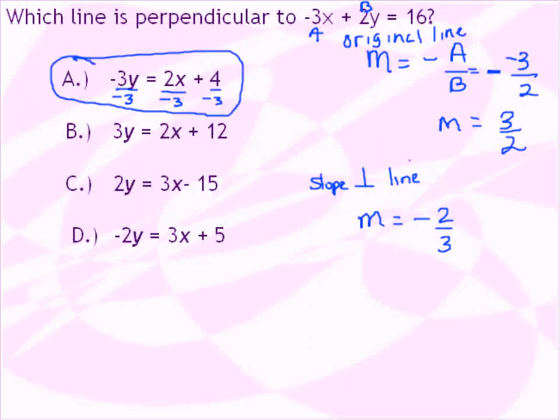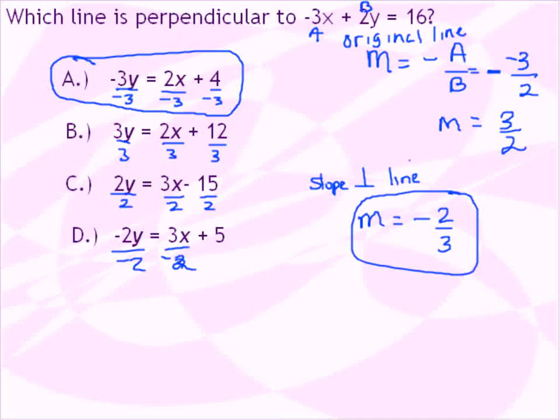That's what you can do when you see this on the test: go through, divide. You can see none of the rest are going to work here because this gives me a positive 2/3, this gives me a positive 3/2, and this gives me -3 over 2. So what I'm looking for is -2 over 3. So I know that A has to be the correct answer.